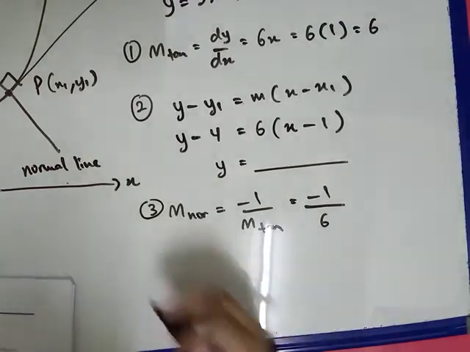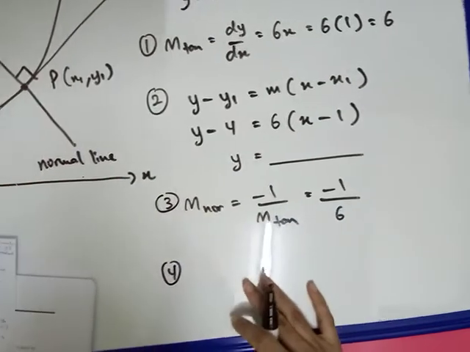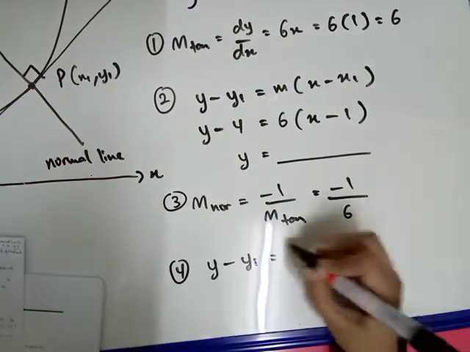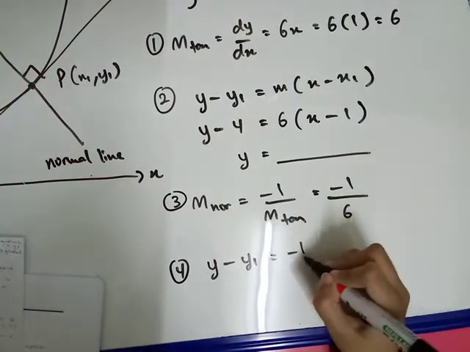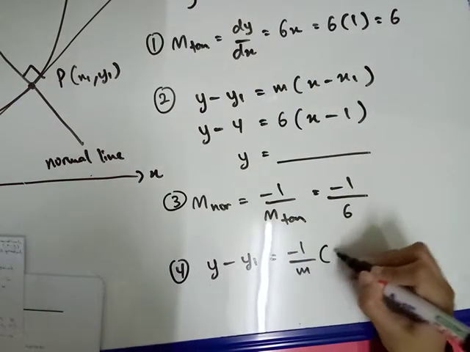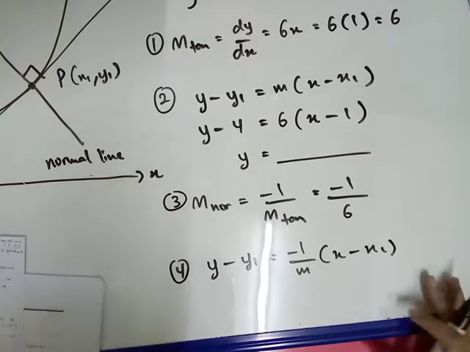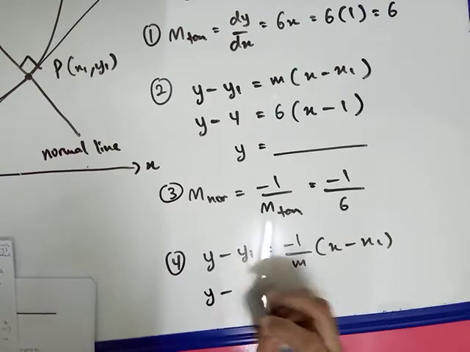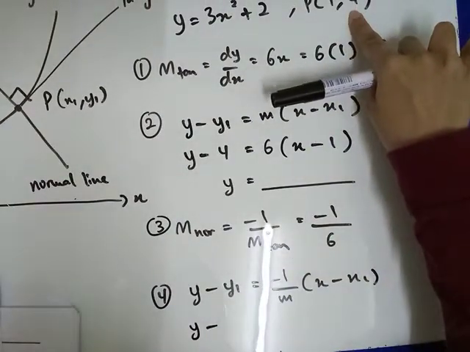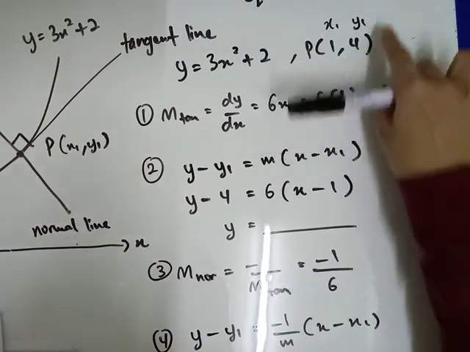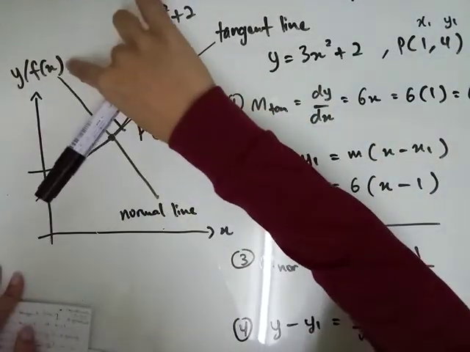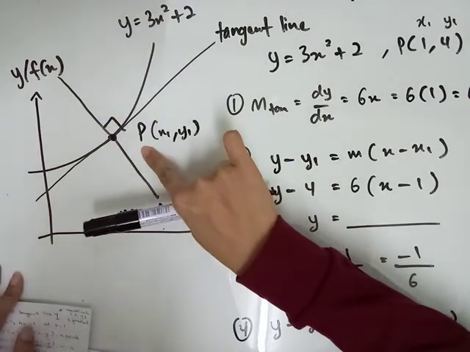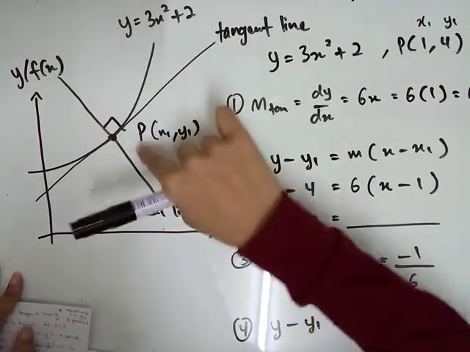And then, step 4, to get the equation for the normal line, y minus y1 equals negative 1 over m times x minus x1. And then, y1 is 4. Use the same point because it is perpendicular to the tangent line that goes through point P. The same point, it touches the same point.